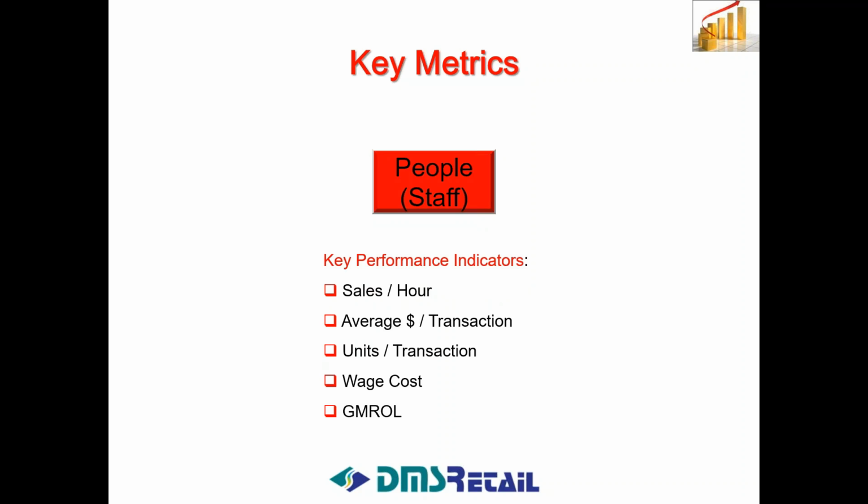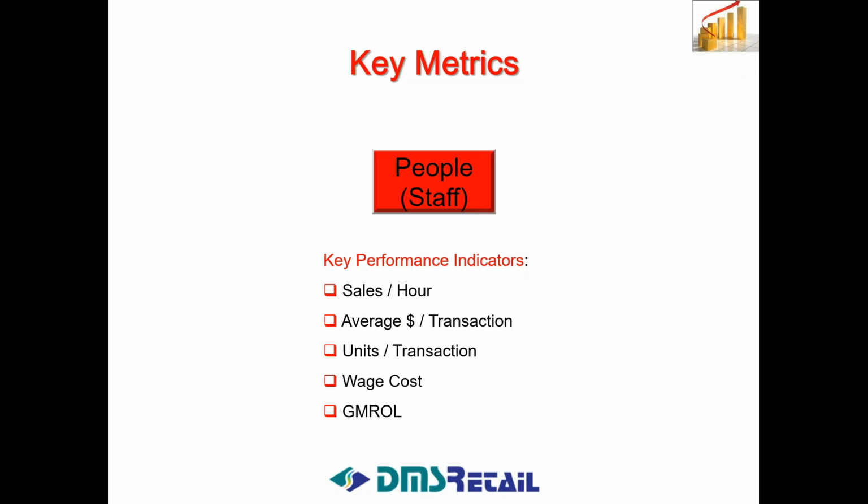So we're going to revisit the KPIs in the people part of the business, but quickly, what are the important measurements when it comes to people? And we divide people into two groups. One is our staff, the other one is customers, because we want to be able to measure the customers too.